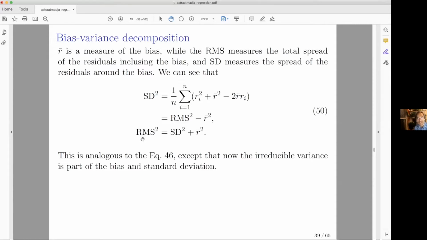So the root mean square, the RSS, the sum of squared residuals, the mean of that is the same as the variance of the residual plus the squared mean. We can see this as analogous to the bias, and this is analogous to the variance of the estimate. But now the noise, the third term, is absorbed into both of these. So we can characterize our fitting using these terms.